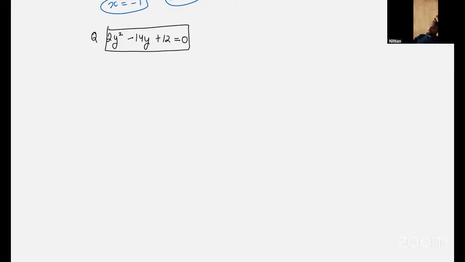Okay, what are the factors you got? Anybody has any doubt regarding finding the factors? Please tell me.